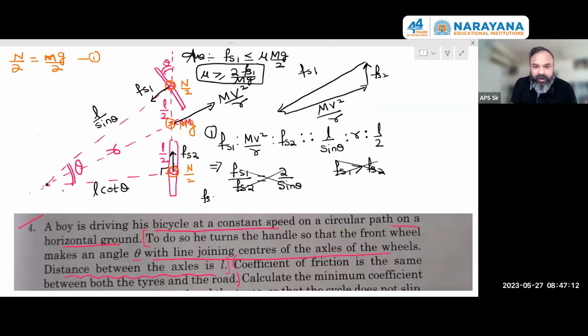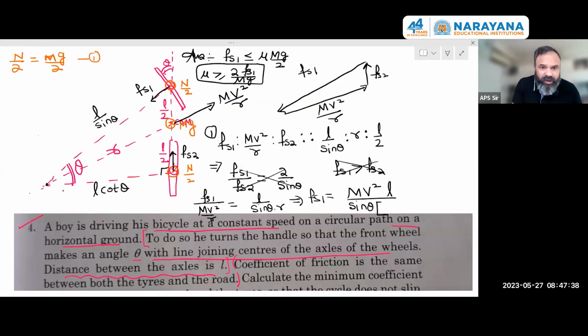So FS1 upon mv square upon r is L upon sine theta upon r, so into r term here. So basically, I'll have my FS1 as, let me write, mv square L upon sine theta multiplied by r square.